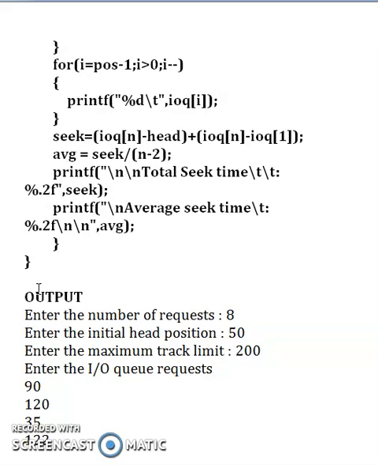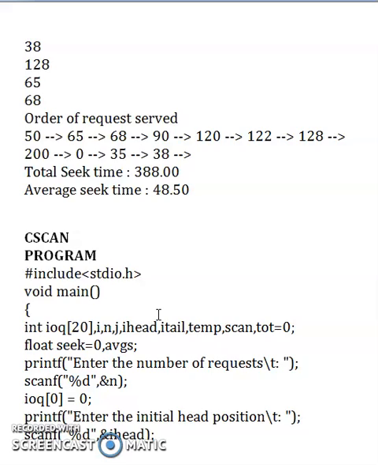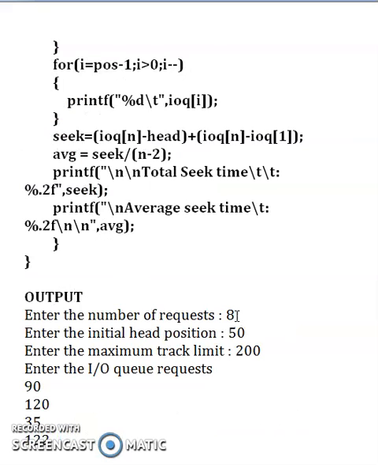The next case is with respect to C-SCAN. Similarly, you will be giving some requests, the head position, and the maximum track limit 199, which we gave in the previous program. The same thing you can give.